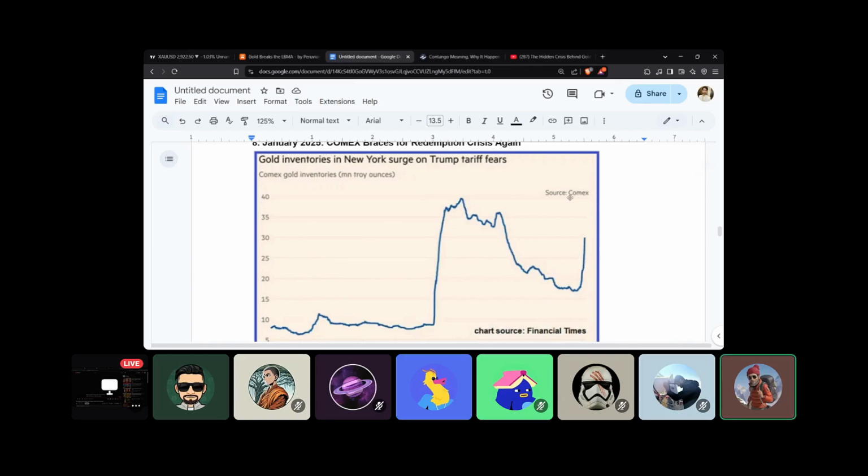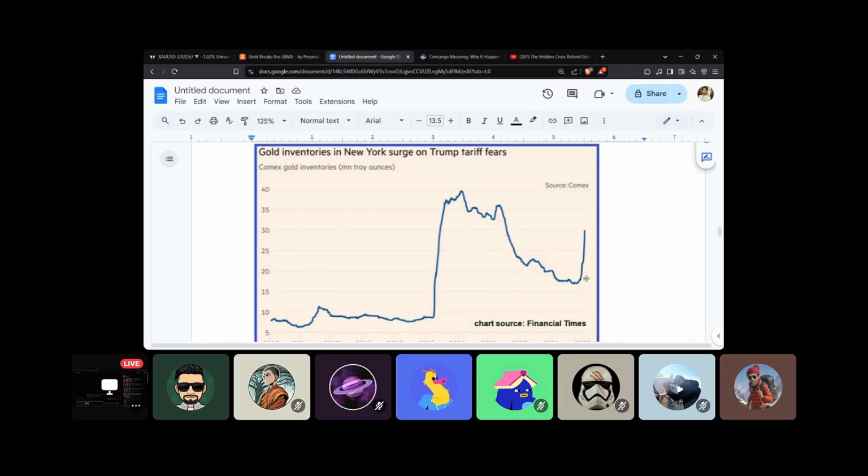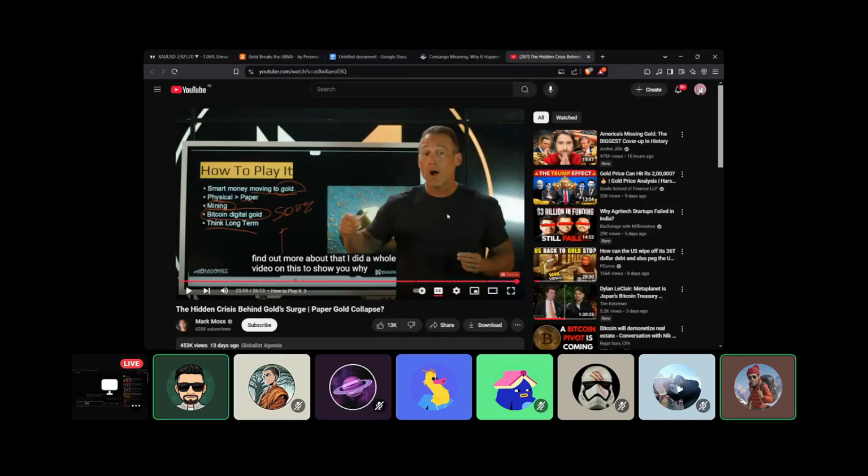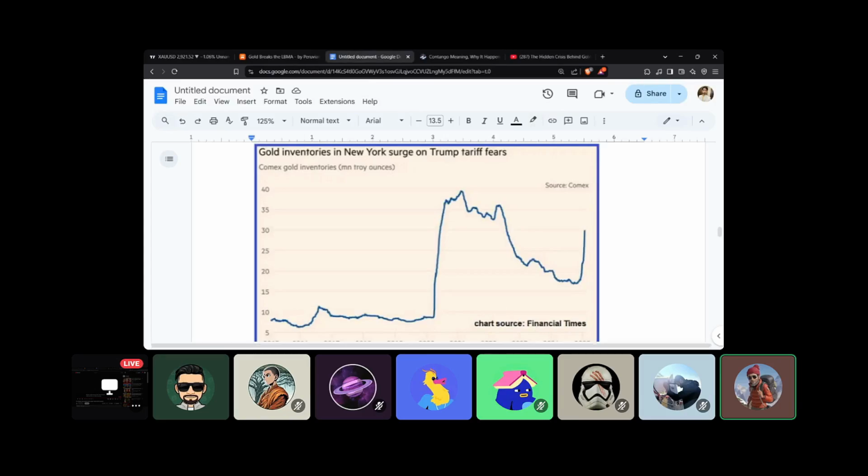Yes. But what I don't understand is how tariffs affect this. Tariffs are very targeted. They are targeted at a specific good, a specific country, and I don't remember Trump talking about tariffs on gold trade.